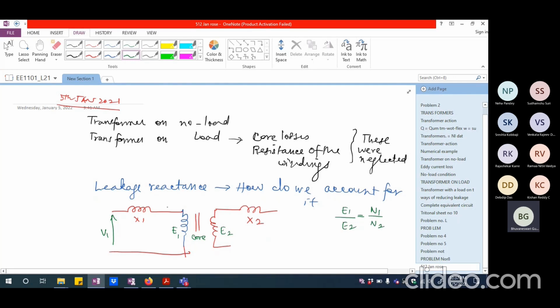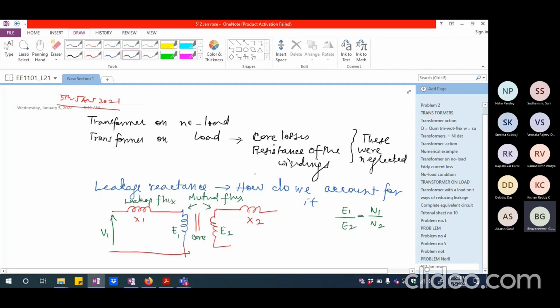That's what we said as leakage flux. And we said that whatever is the flux that is linking both these things, the primary and secondary, we call that as mutual flux. So this is mutual flux, whereas these are going to be indicative of leakage flux.